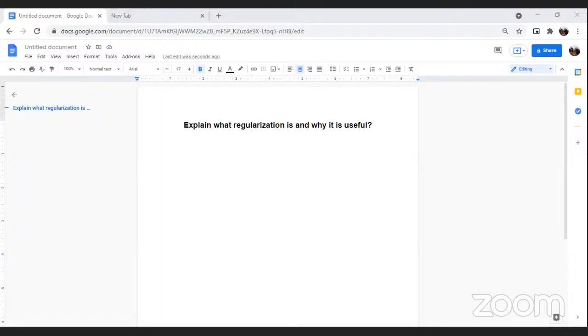Right, Priyanka. So regularization is a process of adding a tuning parameter to a model in order to prevent overfitting.